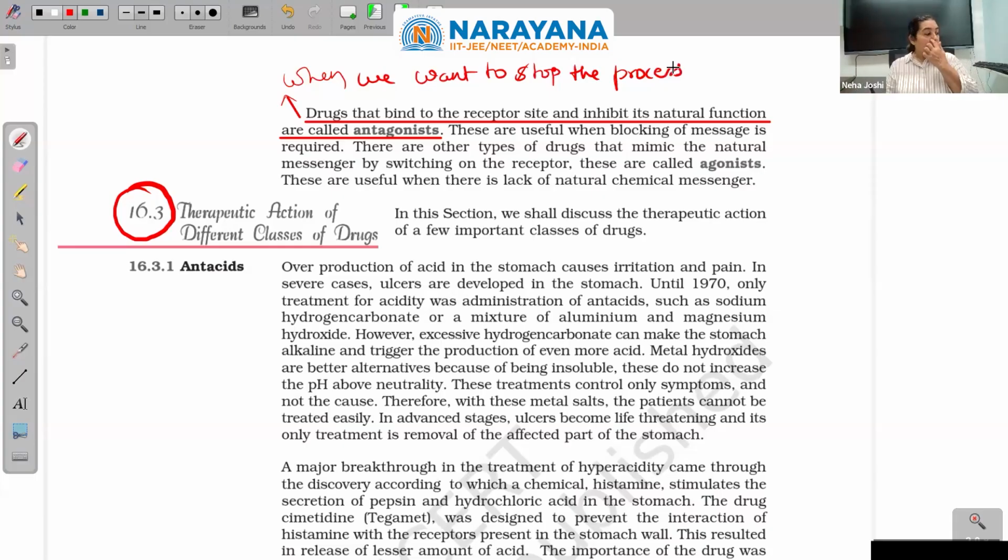For example, if the thyroid is generating too much hormone, or the pancreas is generating too much of a certain hormone, we do not want that many hormones to be created. We want to stop it, so we will send these antagonists. They will stop or inhibit the natural functioning of those receptors, and the overflow of that certain chemical which was being generated as hormone is stopped. So the message is blocked.